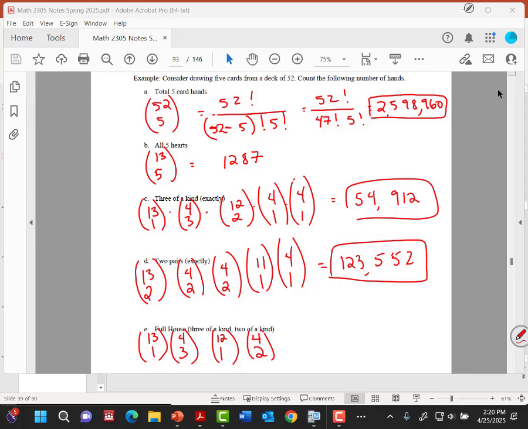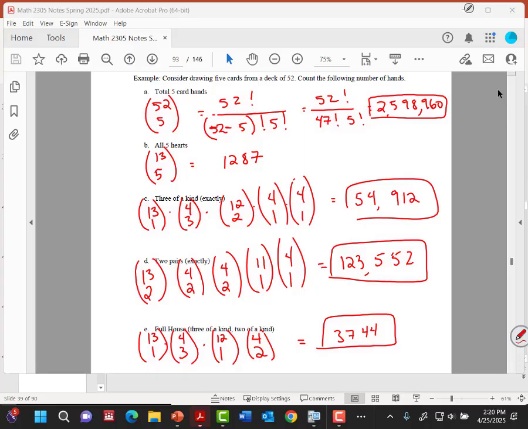And the fundamental counting rule says I multiply all of these together to give 3,744. And so this counts the number of ways that I can get 3 of a kind and 2 of a kind, or what we would simply call a full house in poker.